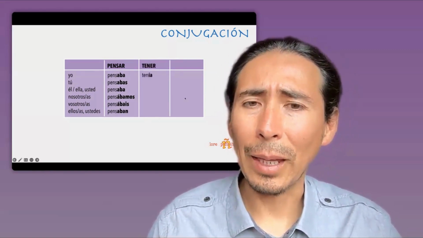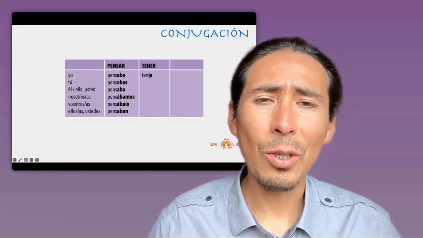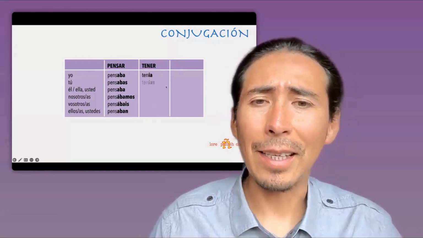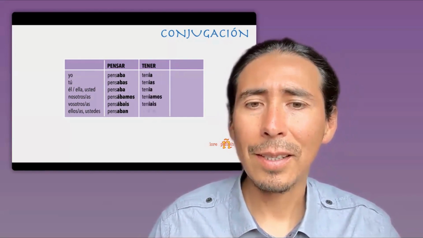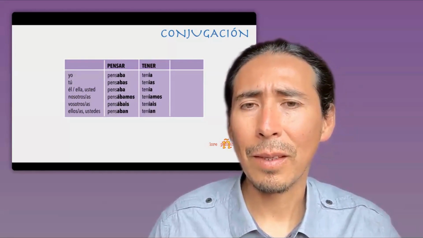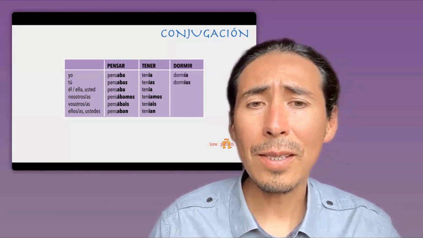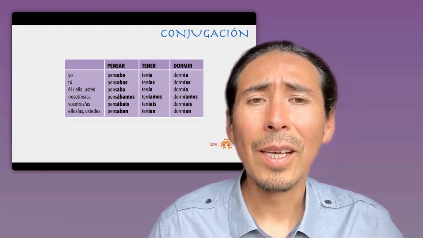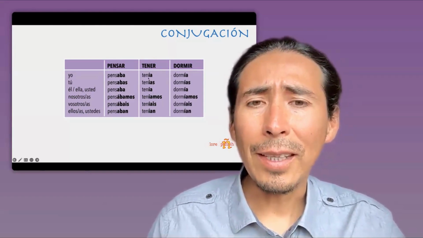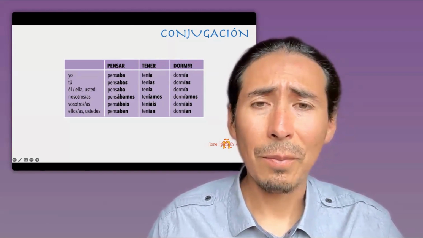Verbo tener. Now, this is the pattern ía. So you're going to see tenía, tenías, tenía, teníamos, teníais, tenían. And dormir. Dormía, dormías, dormía, dormíamos, dormíais, dormían. Again, look at the endings of the verbs ending with er and with ir.